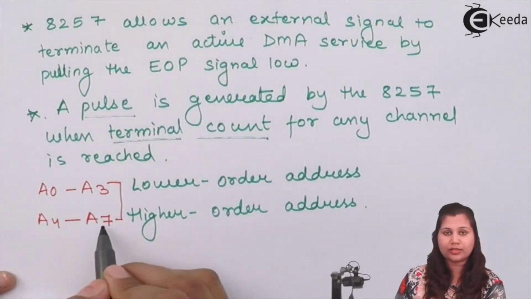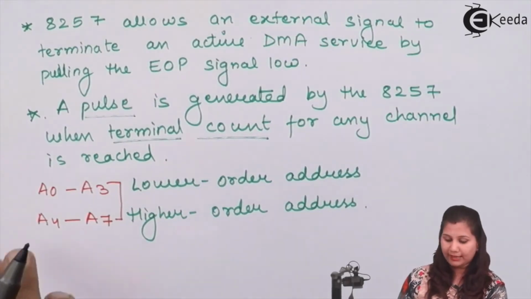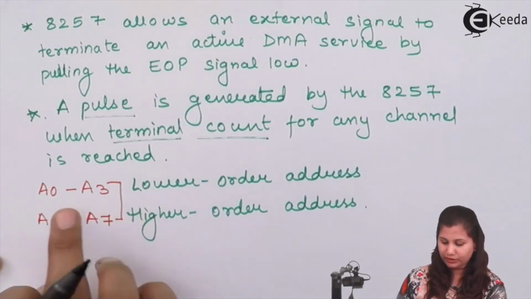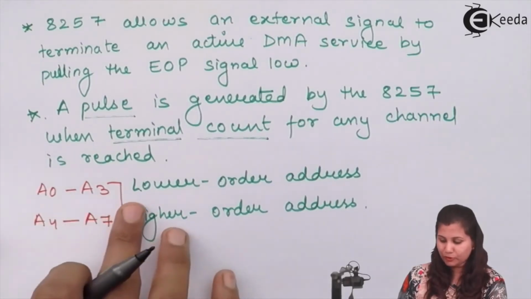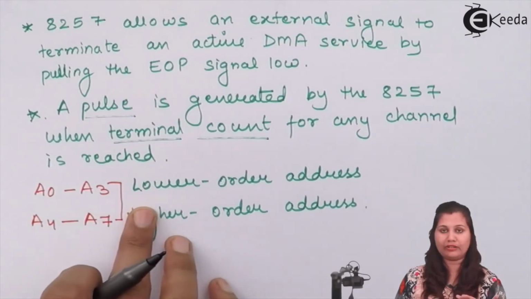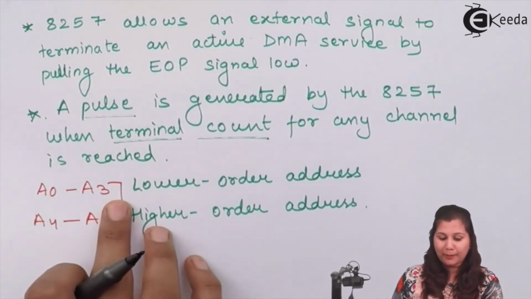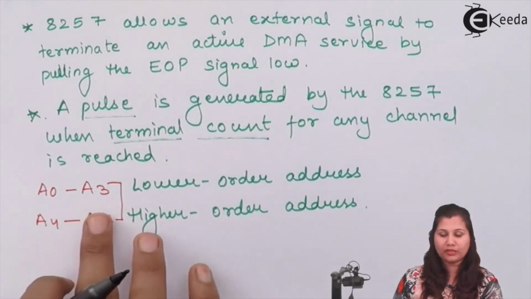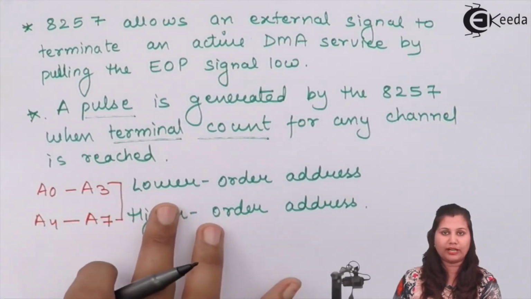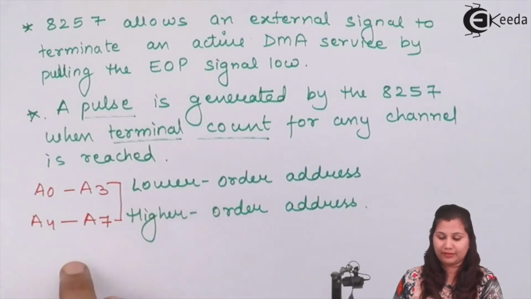Now their function is different in the master and the slave mode. In the slave mode, they are the inputs which are used by the 8257 DMA controller to address the control registers. Whereas in the master mode, they are the outputs which will give the lower order address of the peripheral device. Okay.